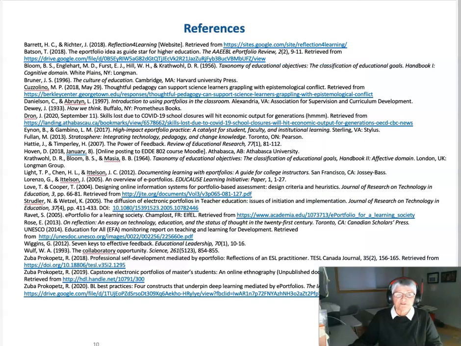Here are some of the references on which I based today's presentation. They include seminal work of scholars in the field of education, pedagogy, and reflection, as well as a combination of established and emerging e-portfolio proponents who have studied about and learned from interactions with self and others through the e-portfolio projects.